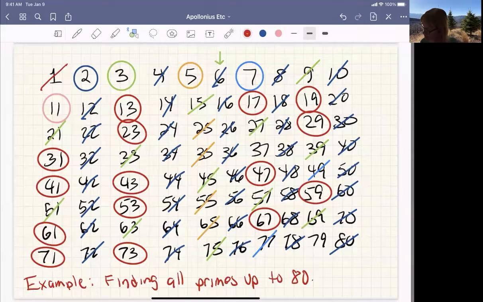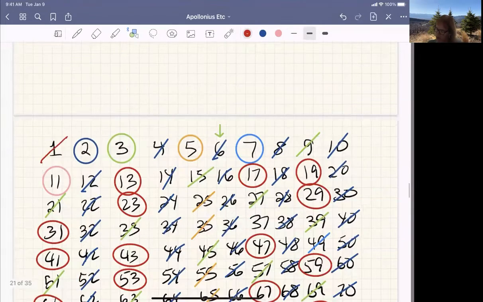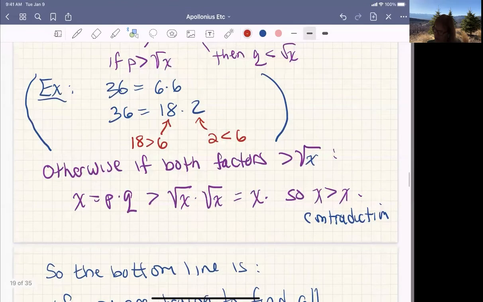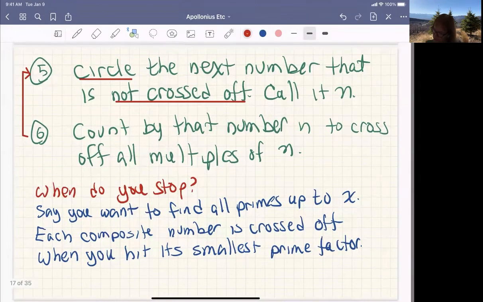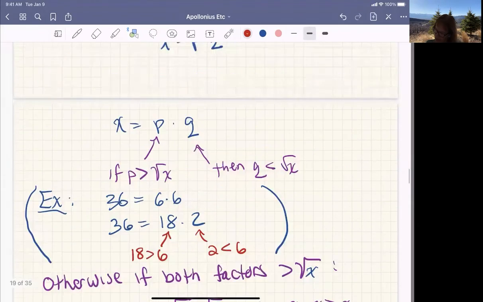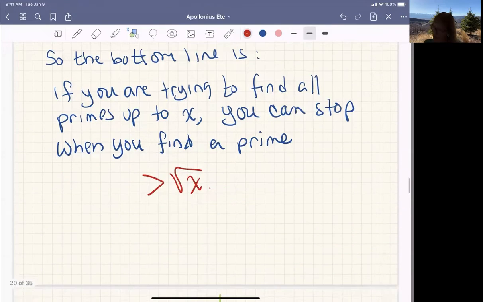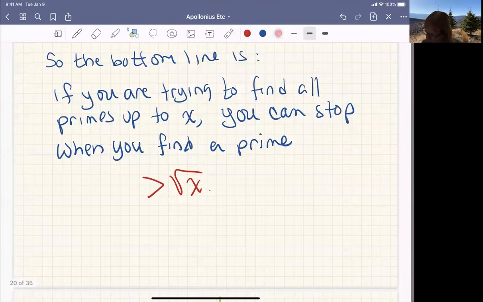And you can check that all the numbers that remain, when you try to factor them, the only factors you get are 1 and itself. So let me just note that, here we go. I'm going to just jot it down here.